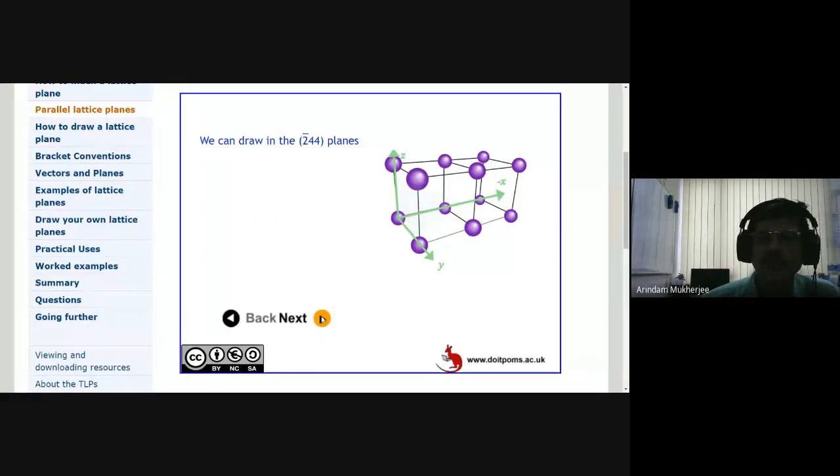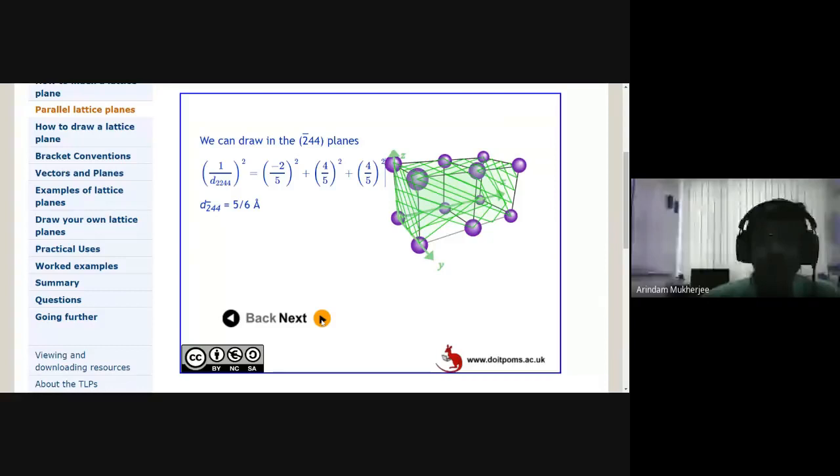Now let us draw the other plane. How do we get it? 1 bar 2 2 multiplied by 2 will give you 2 bar 4 4, right? Now we do this, and again when we put in the values, we find 5 by 6.